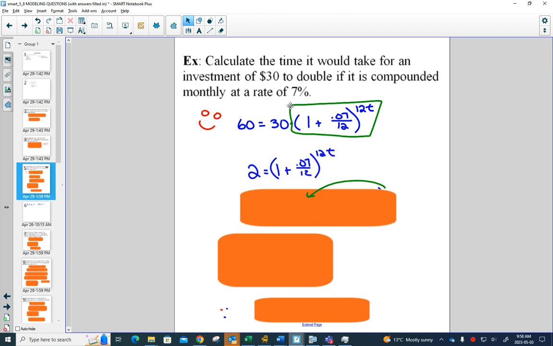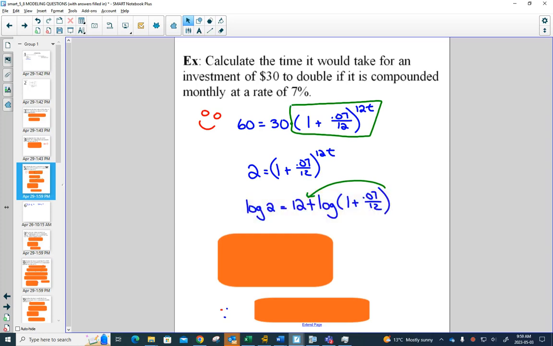So if I divide both sides by 30, I will get 2 equals, and then we've got the power by itself. This allows us to take the log of both sides, which would mean that that exponent would come out in front, because that exponent is to the entire power.